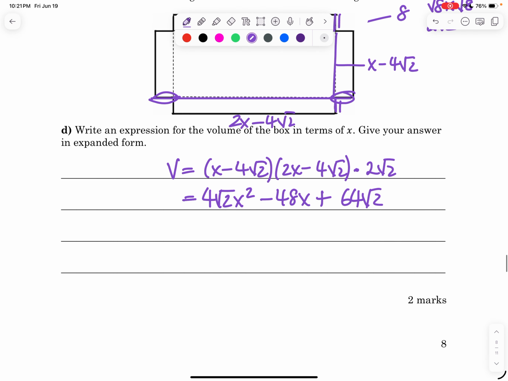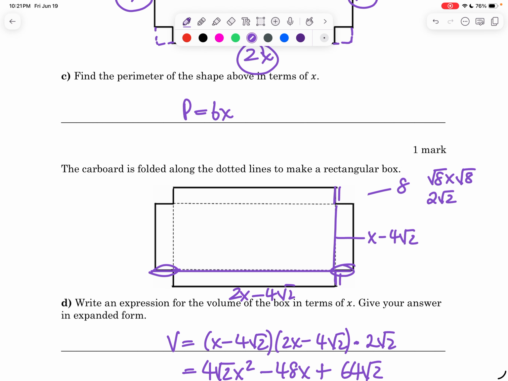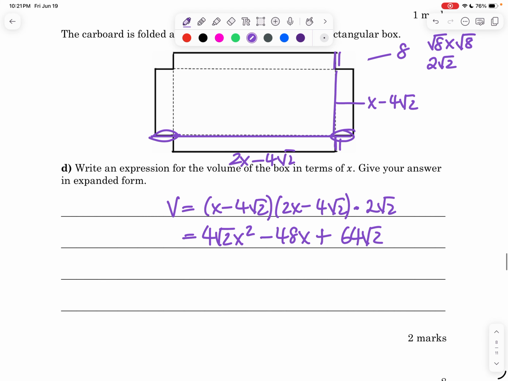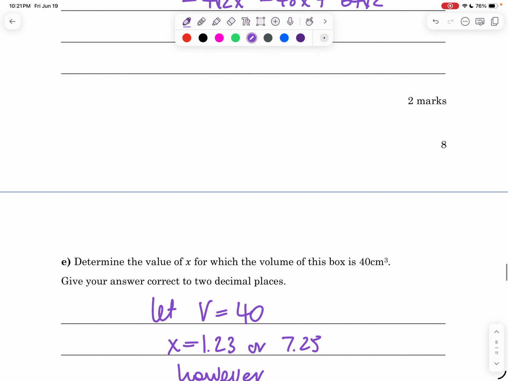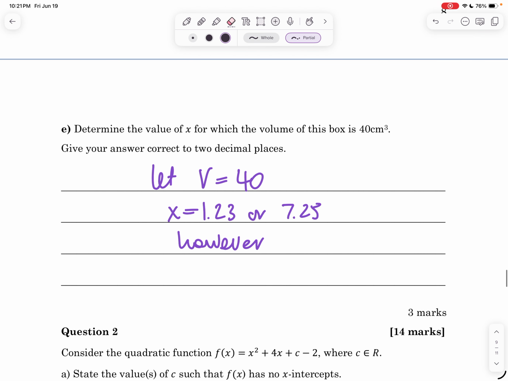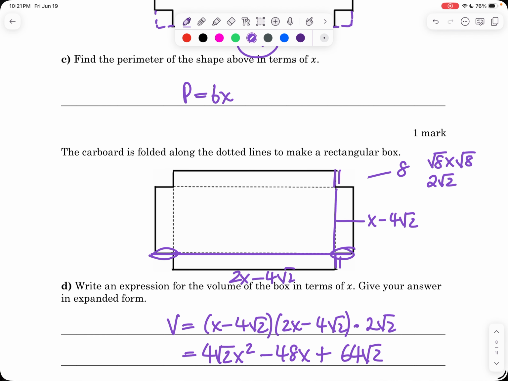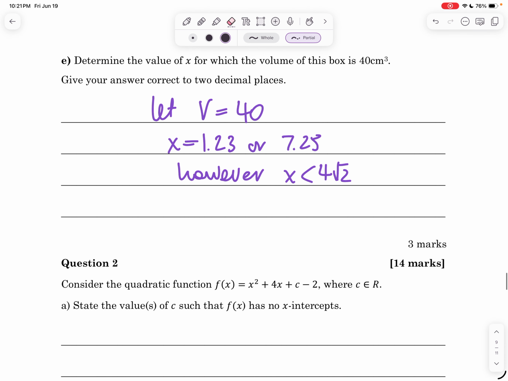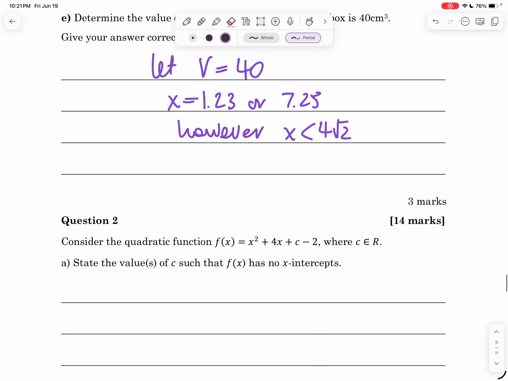However, it doesn't make sense. X has to be less than 4 root 2, because if you had 4 root 2 minus 4 root 2, you'd get a side length of 0.